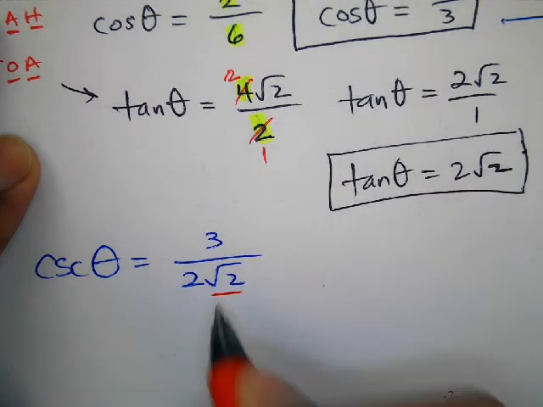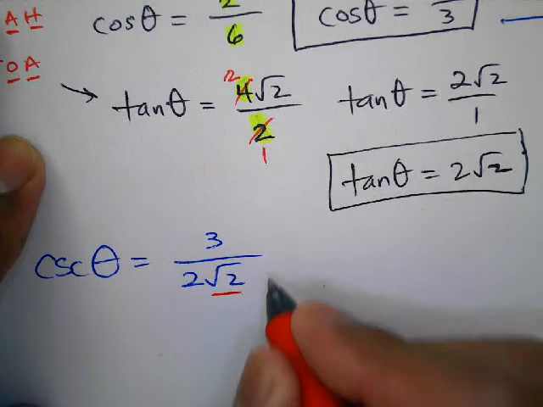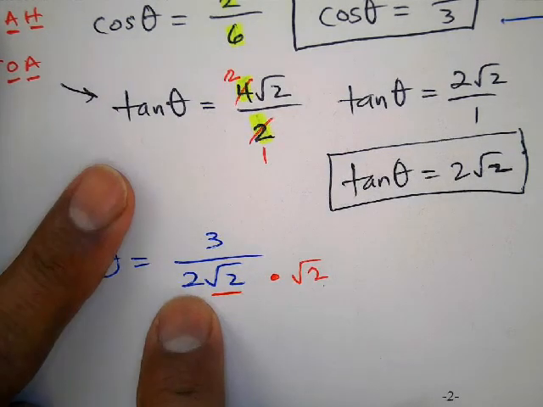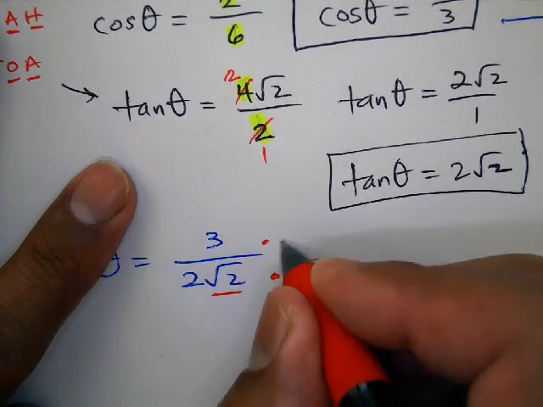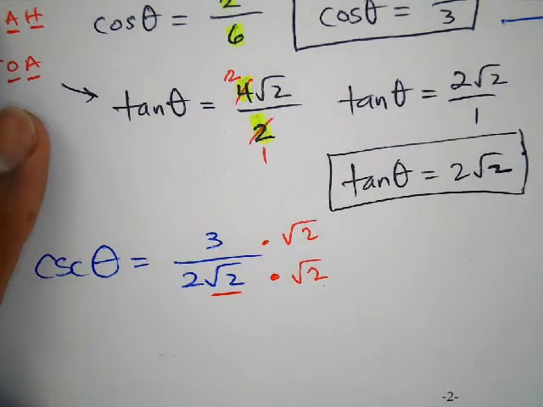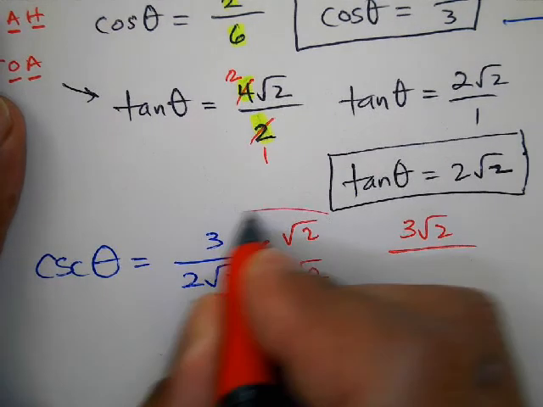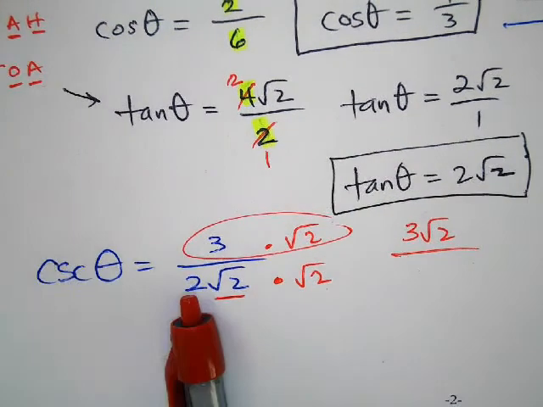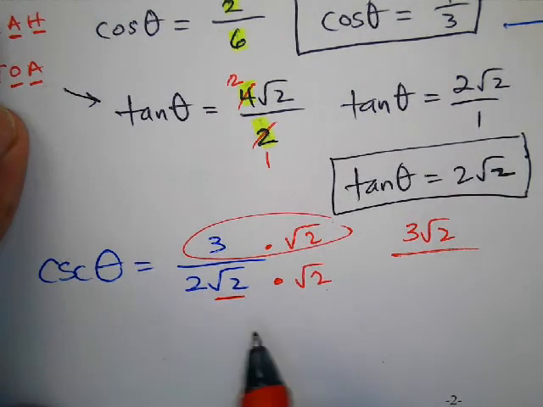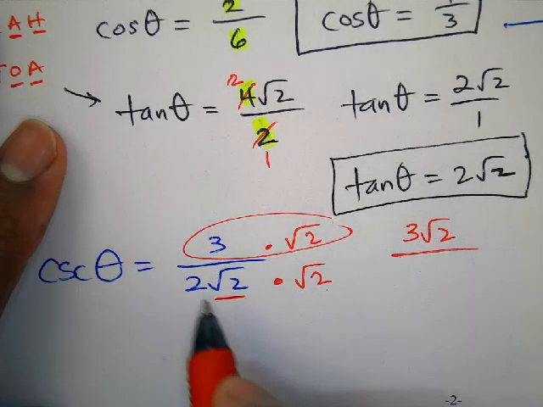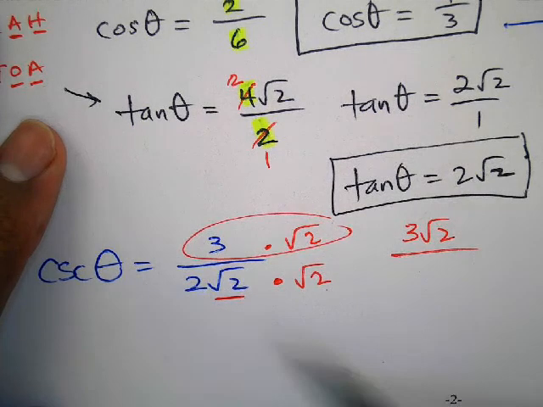All right, let me fix it here. Remember, I'm okay with the whole numbers. It's just this radical that is not good there. So I'm just going to have to multiply by a root 2. You don't need to multiply by the 2, just the root 2. So that's going to give you 3 root 2 over, and then what's happening here?